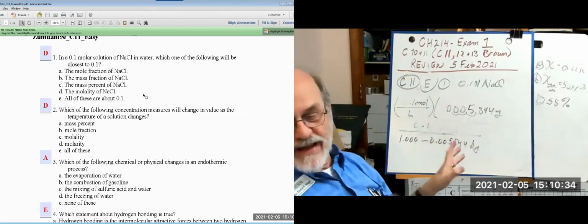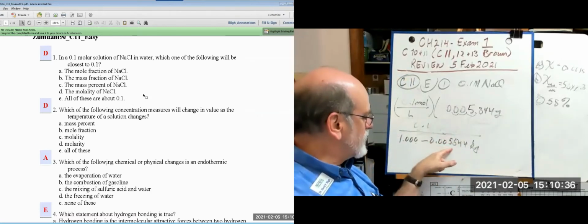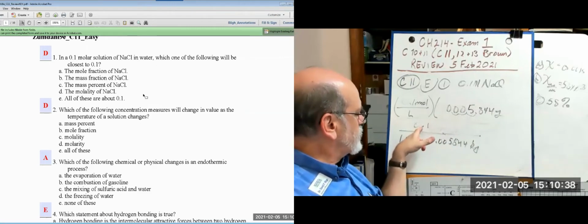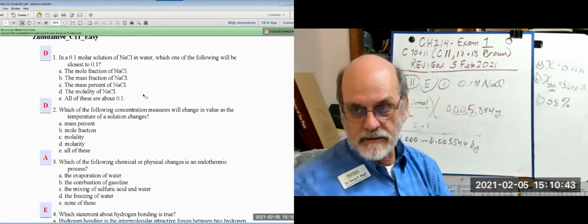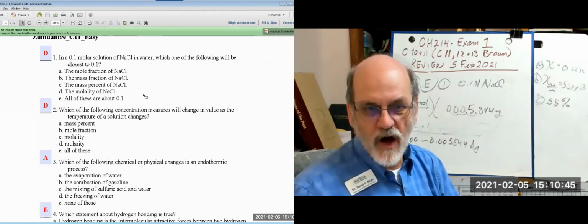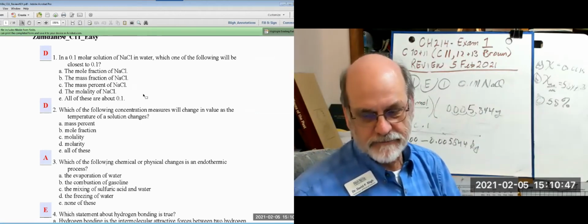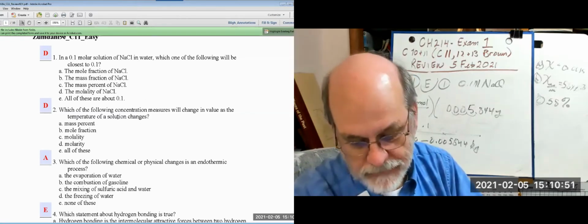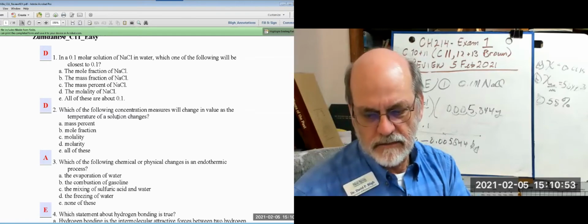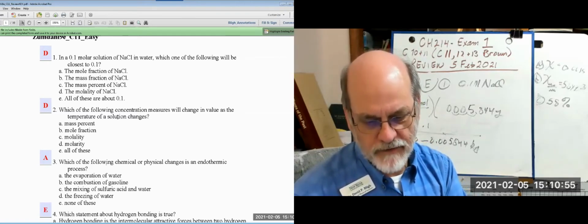So we don't even have to calculate. This is going to be such a small number that this is going to essentially be the same as molarity. Molality for this solution is almost identical to molarity. So that's why D is the answer. And it took me forever to answer that one, but I figured the procedure was worth the effort.